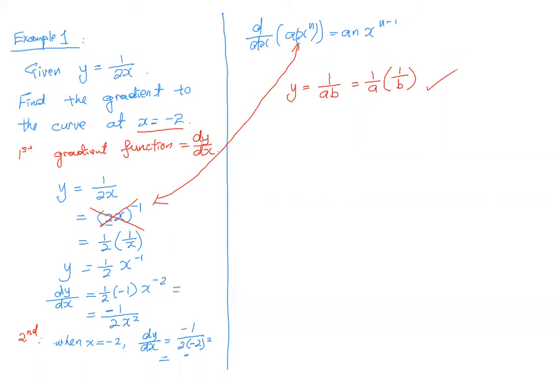Do you use calculator or count manually? Manually. Have to, because in your SAT one, you cannot use calculator. Okay? Everyone, are you clear? So in order to apply this simple rule, everything must be written in this form.